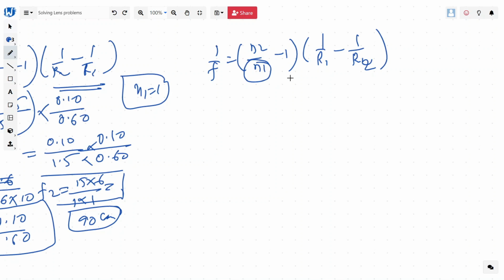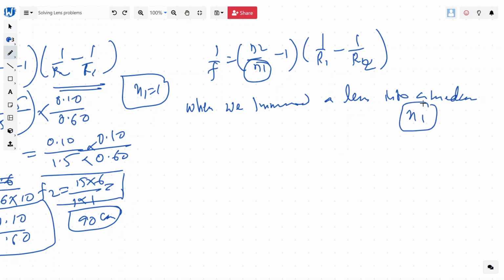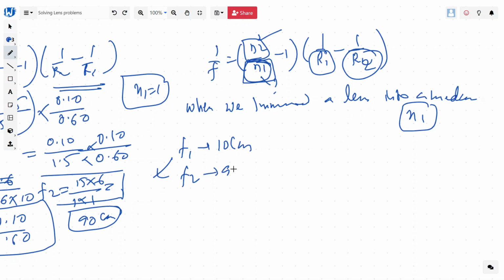But so when we immerse a lens into a medium with refractive index n1, what is going to change? This one is going to be same, this will change, r1 will be same and r2 will be same, and the impact of this change is very huge, right? We have seen in this example that the focal length actually changed from 10 centimeters to 90 centimeters.